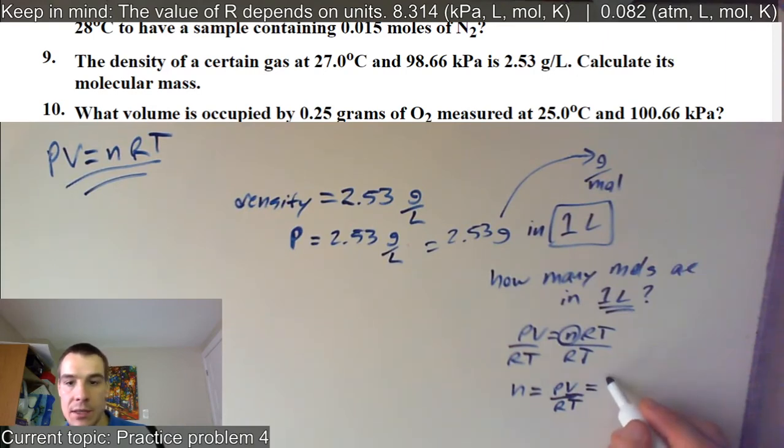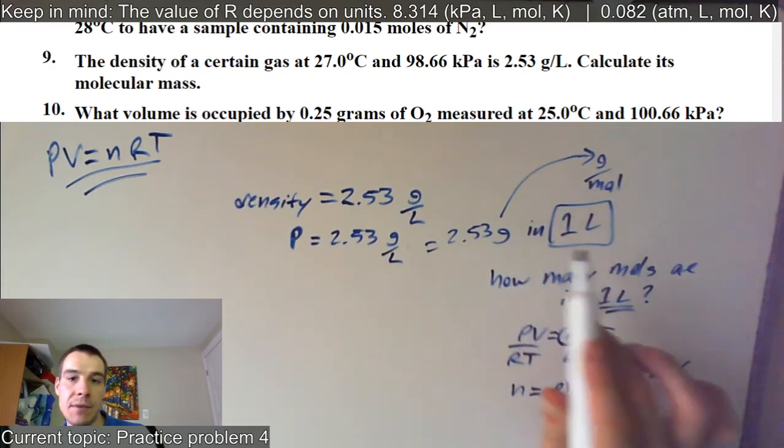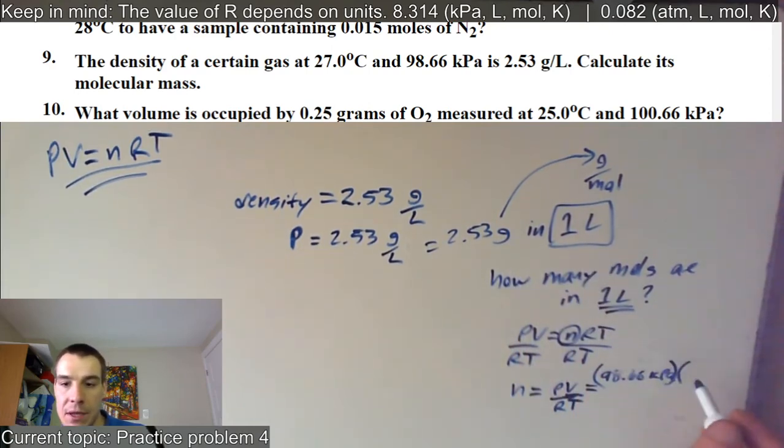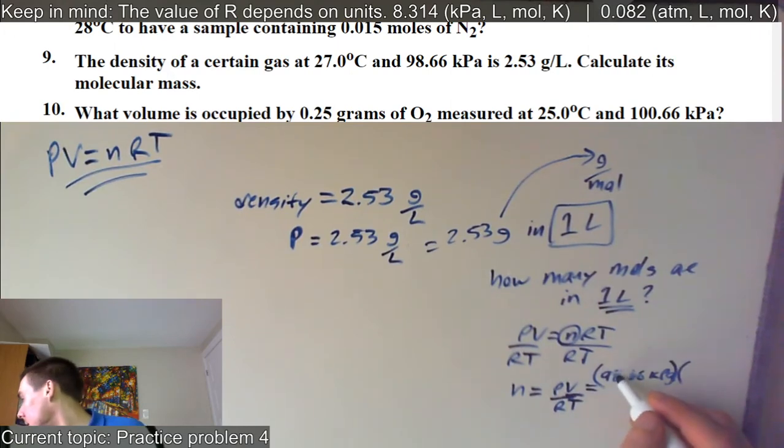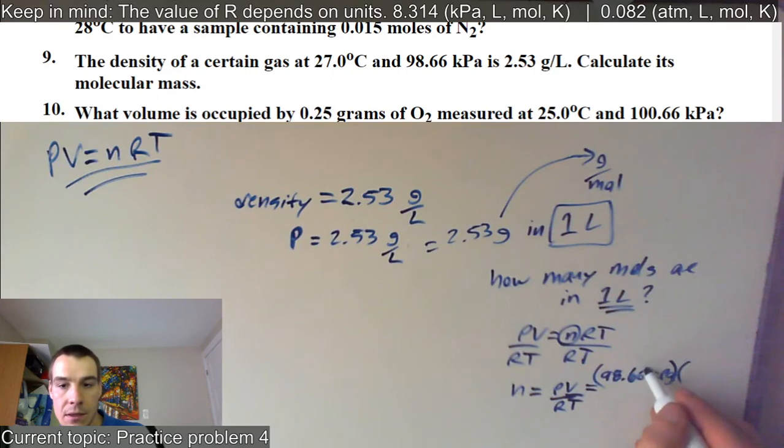Pressure is 98.66 kPa. Volume, we decided it was going to be 1 liter. So 98.66 kPa, 1 liter, divided by R times the temperature.